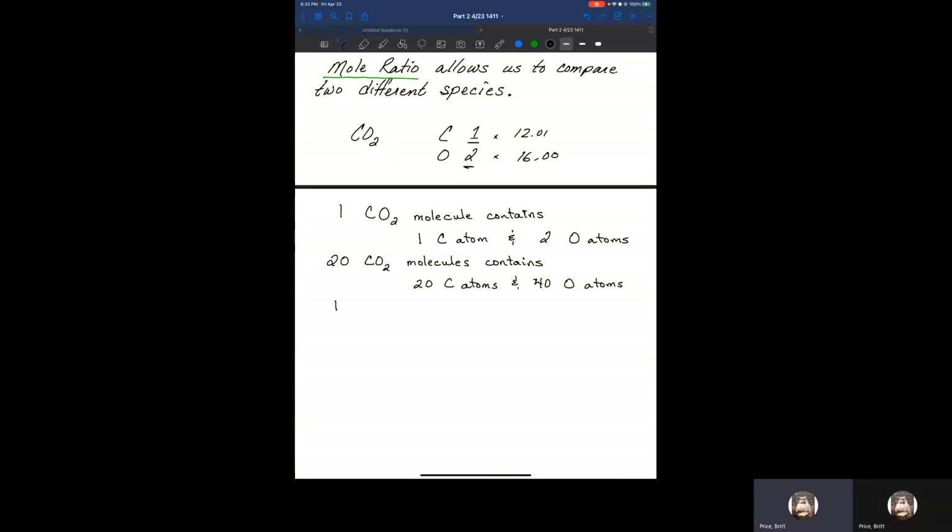If I had 1 mole of CO2, it contains 1 mole of carbon and 2 moles of oxygen.